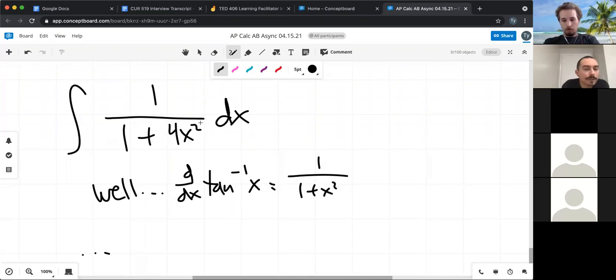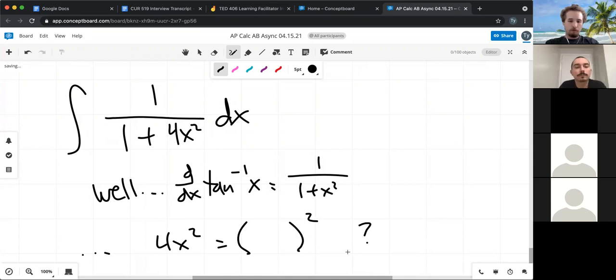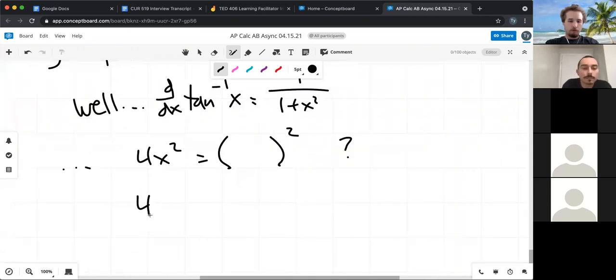Maybe we could rewrite this as something squared. Yeah, 4x squared, I think that would work. And then find the derivative. Wait. So if we want something squared, right? This 4 is not a part of the x squared yet. So what squared gives us 4?